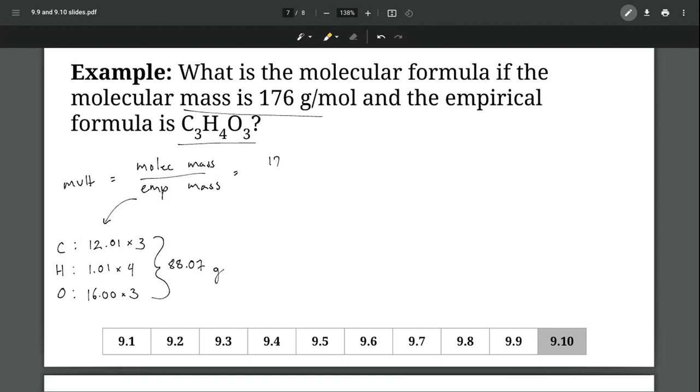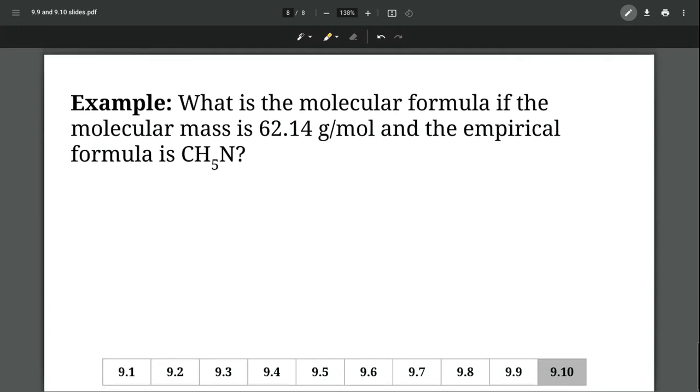Then we just take that 176 that's given above and divide it by that 88.07, and we get 2. Technically, we get 1.998 whatever, but a multiplier is always going to be a nice whole number just to make things easy. So that 1.998 is really close to 2. Just round that one up. Now we're going to take that C3H4O3, multiply it by the multiplier, which is 2, and that's going to come out to be C6H8O6 as our final answer.